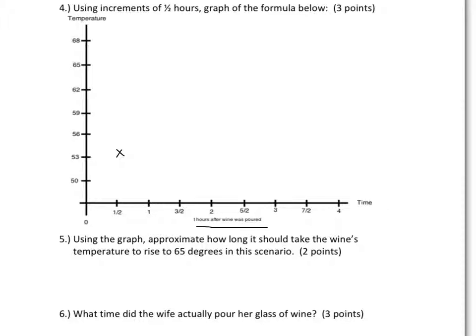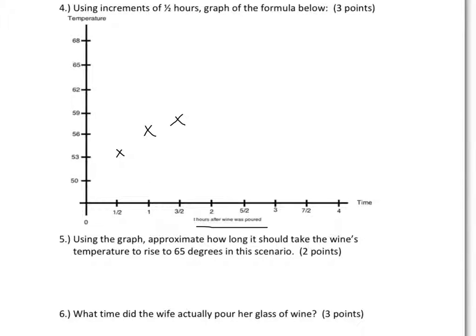I'm going to make an X actually. And then at 1, I got 55.96, so I'm going to do it about 56. An hour and a half was about 58.3, so about here.